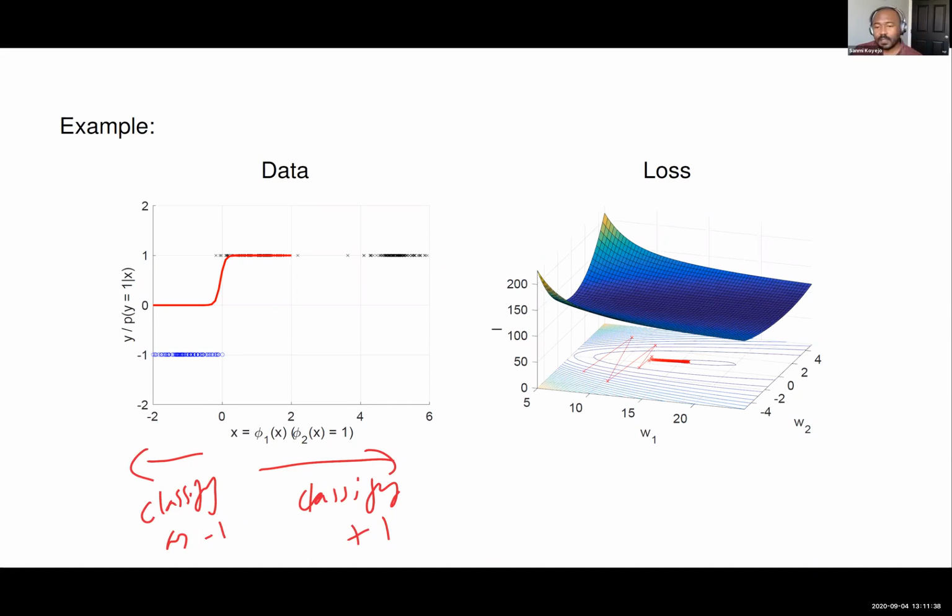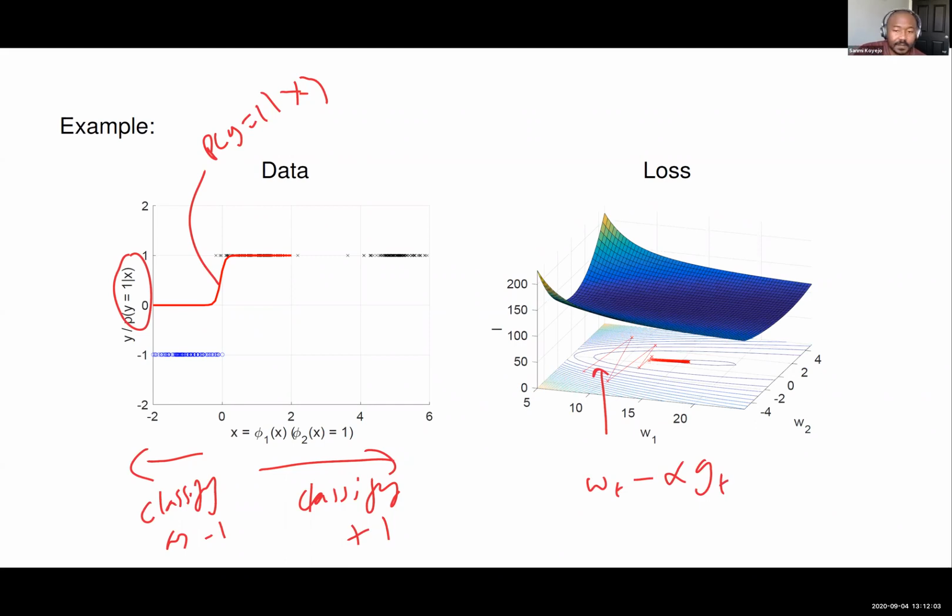Okay. So the red line, I'm trying to answer some questions. This is our estimate of P(y = 1 given x). It's this guy, that's the red curve here. And these red lines are the gradients. So this is W_t minus alpha g_t.